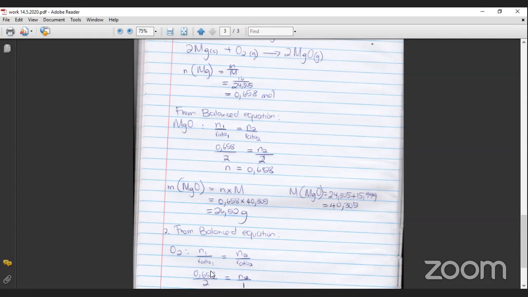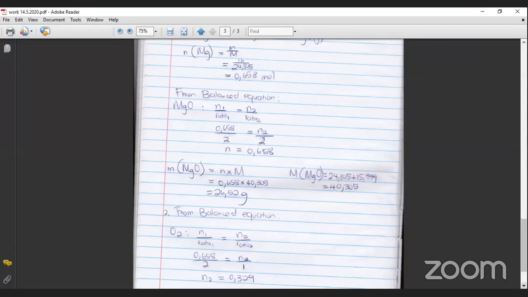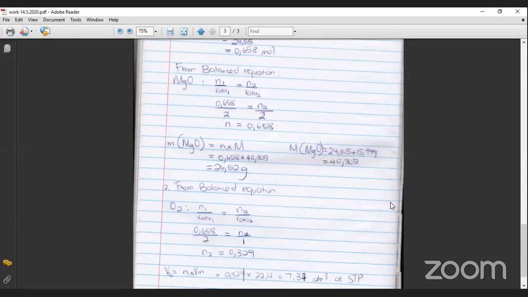So it's going to be N1 over ratio 1 divided by N2 over ratio 2. This will be 0.658 divided by 2, then it will be N2 divided by 1. Then N2 will be equal to 0.329. So now we go to the volume equation.